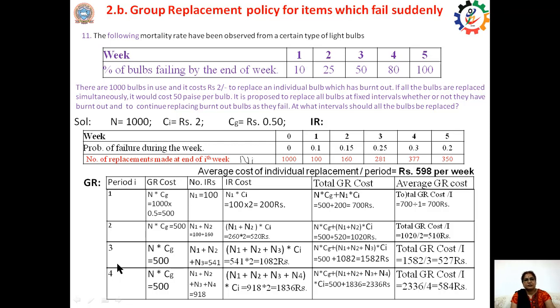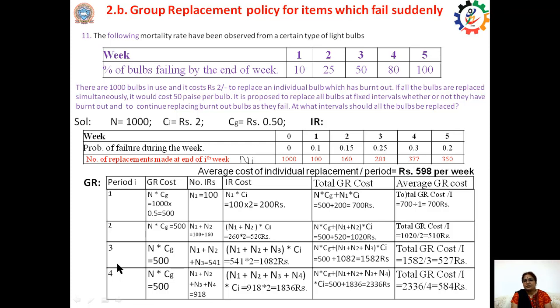Means this gives N1, N2, N3, N4 like that. But we want here cumulative, all previous values will be added. For the fourth week, I want how many bulbs we replaced from the first week. So you add all of them, multiply by CI. Similarly, you add this and this, you get this, divide this by 4, you get this.